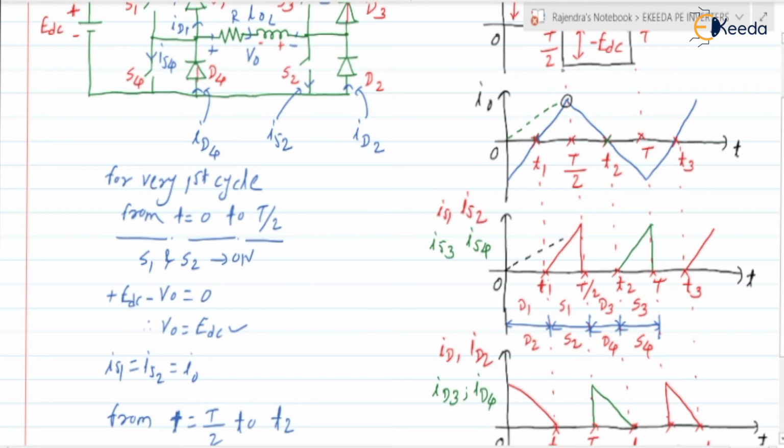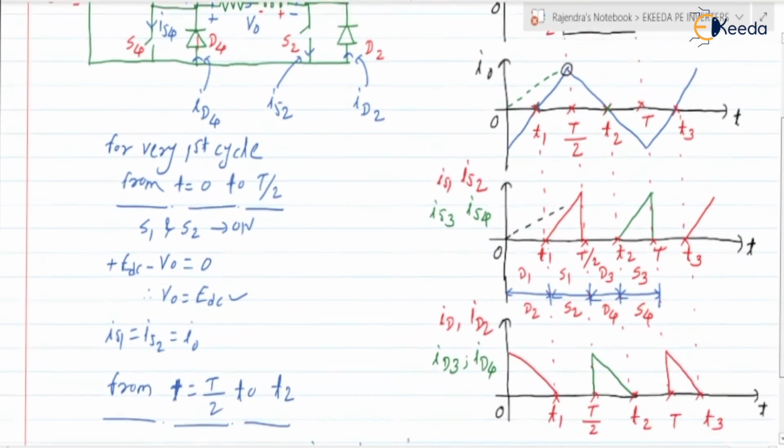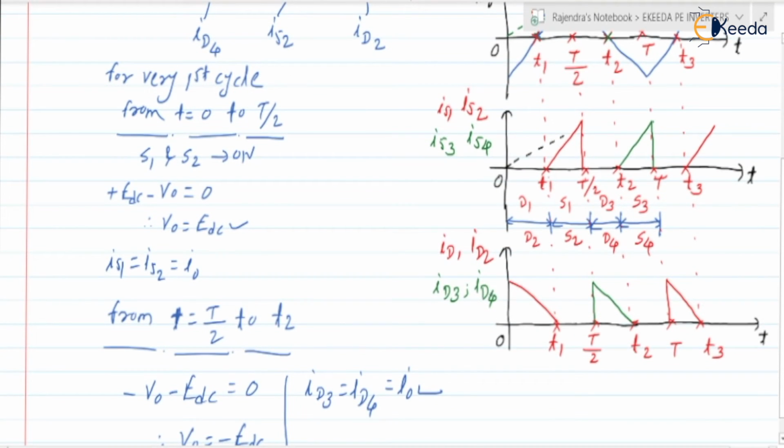From T/2 to T2, V0 is minus EDC, and ID3, ID4 are the same as I0, so whatever wave shape I0 has from T/2 to T2, the same wave shape will appear for ID3 and ID4 as well.